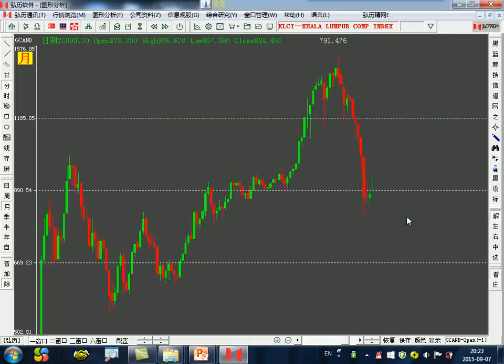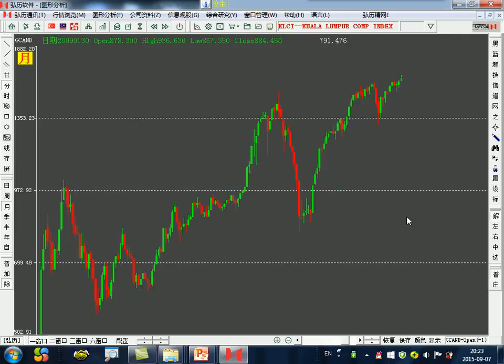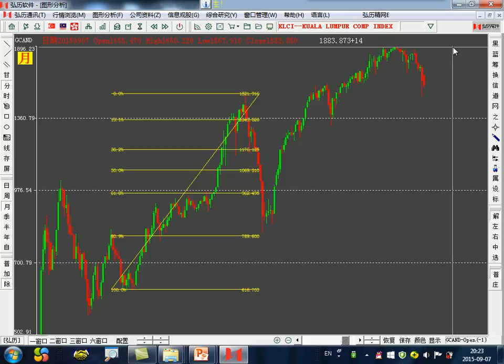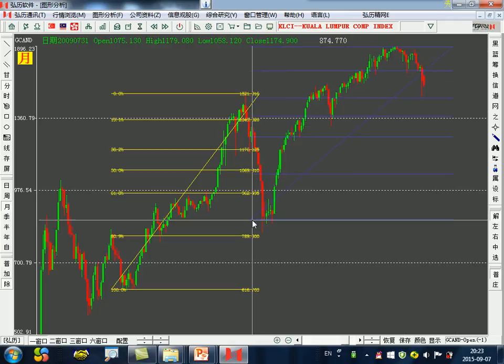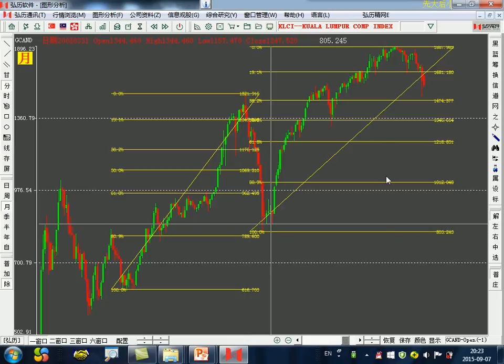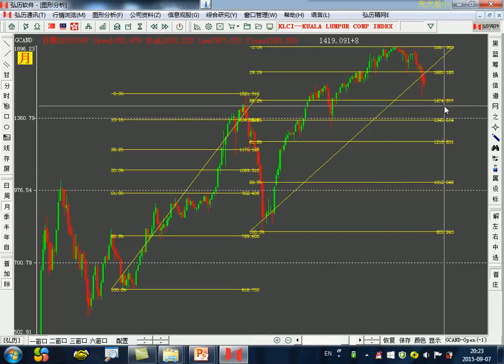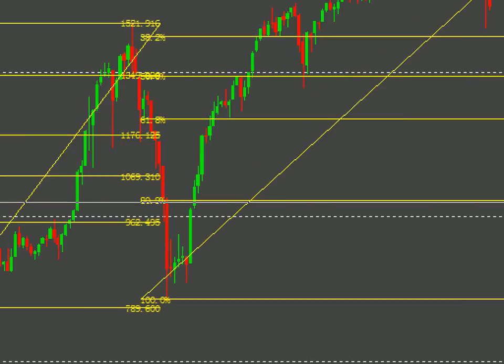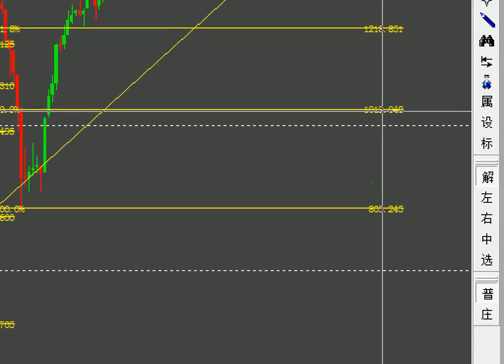In this time, now it's here. You can also test where the 80.9 is from this high to this low. Now it's still about 38.2. That means there is so far away to go, right? 80.9 is here. The point is 1015.